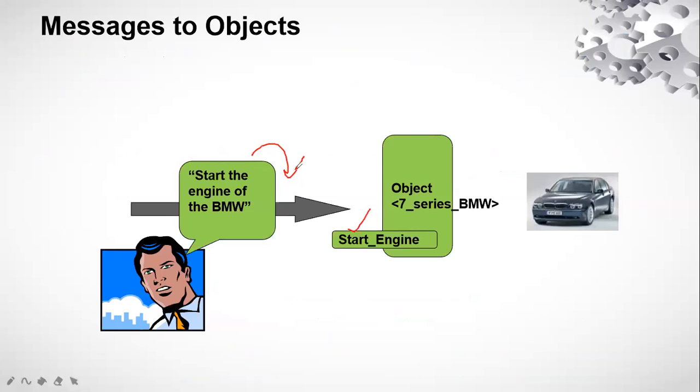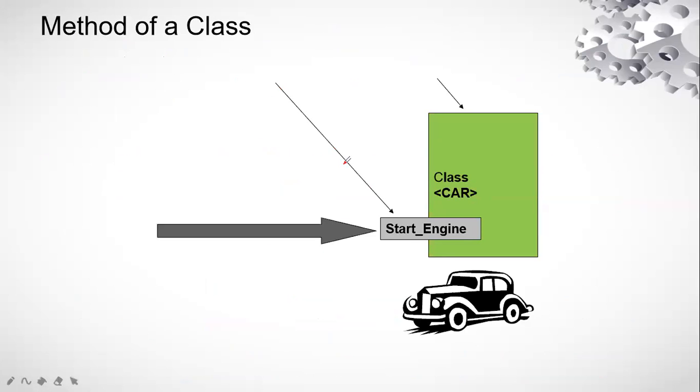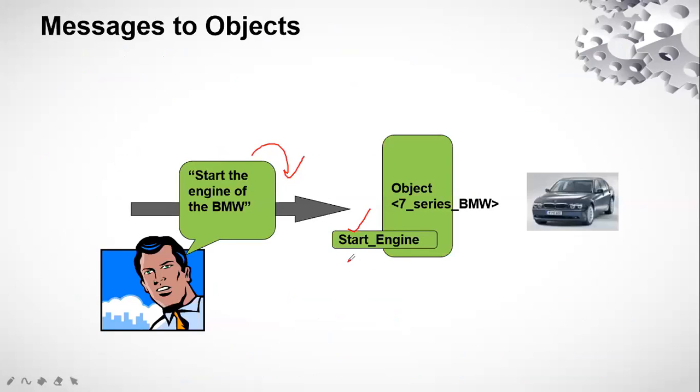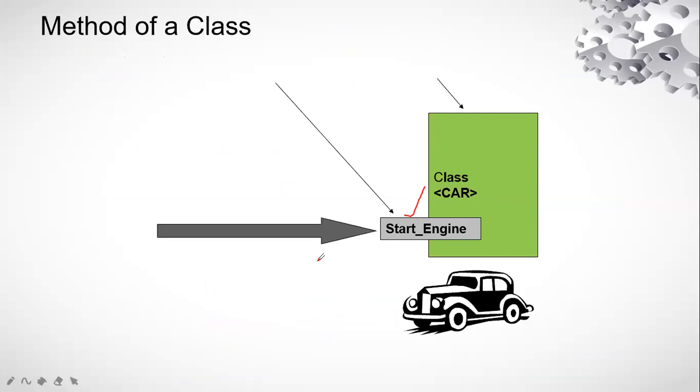This is the message being passed to trigger this event, that is, starting of the engine. This is a procedure call which is being called. So what is the method of the class? This is start engine. And what was the message? The message was this one. So this is called a message, right?